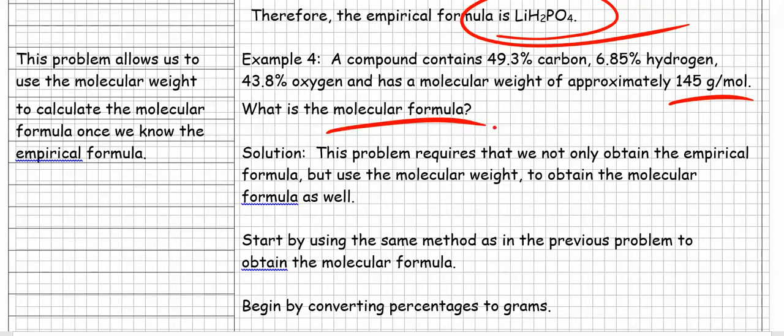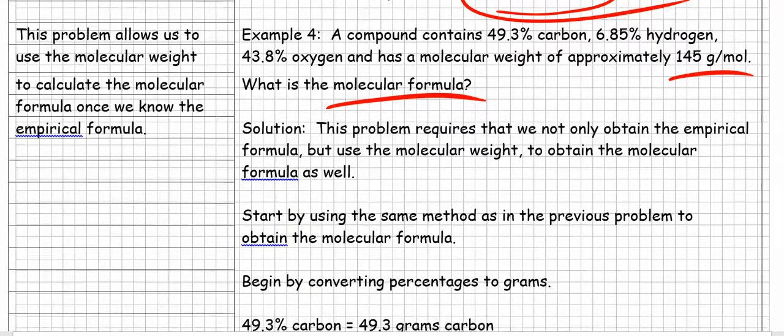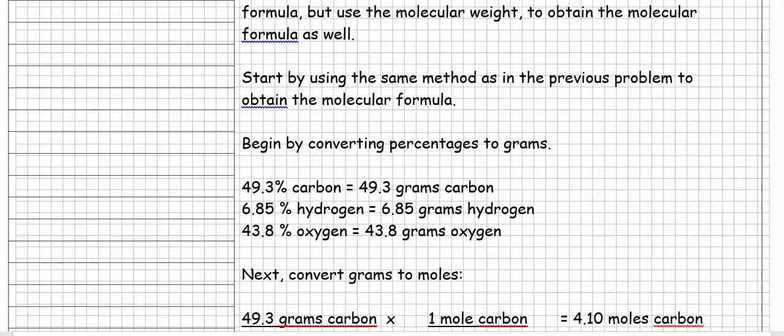So last time we determined the empirical formula. This time we want to determine what the molecular formula, the true formula, is, right? So here's how we're going to do it. This problem requires that we not only obtain the empirical formula, but we know the molecular weight to obtain the molecular formula as well. We know the molecular weight, the mass of 1 mole of that. So start by using the same method as the previous problem to obtain the formula.